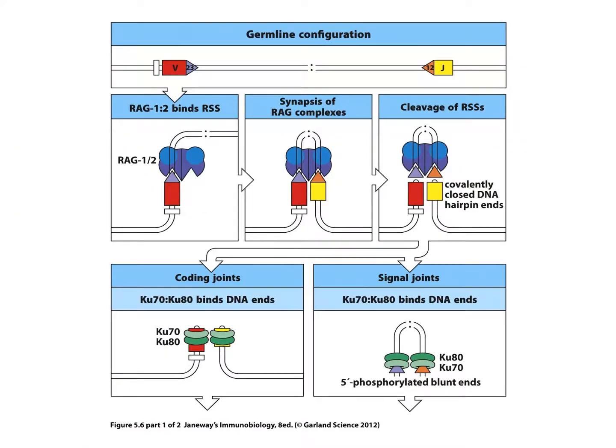When you look a little closer here, you see RAG1, RAG2 binds the 23-mer downstream of the V, which brings into close proximity and binds the 12-mer upstream of the J, and holds them in close proximity so that they can be cut.